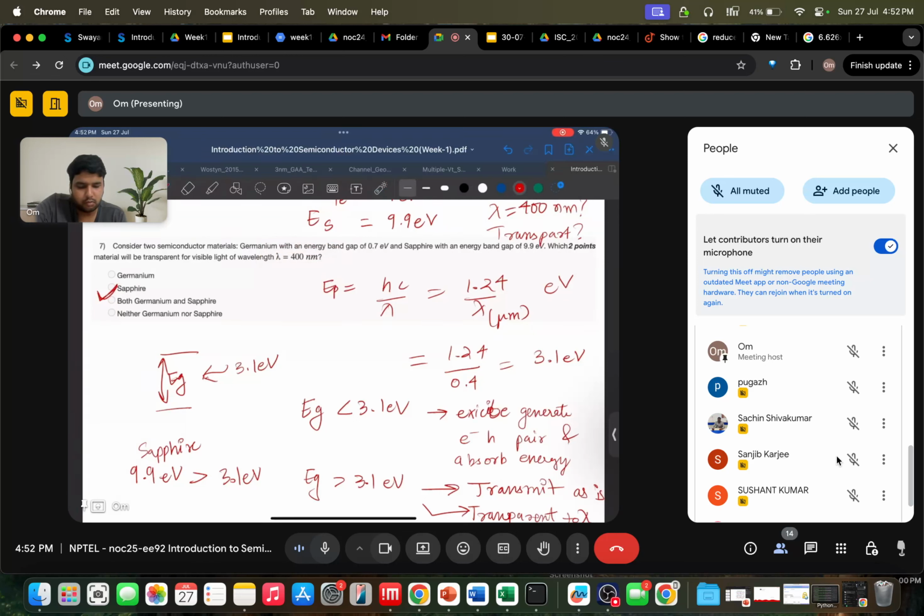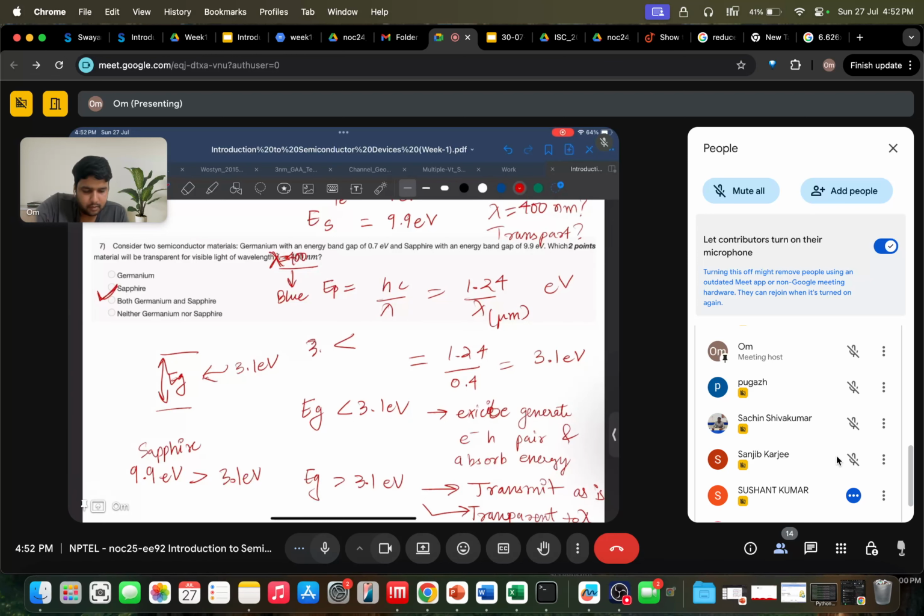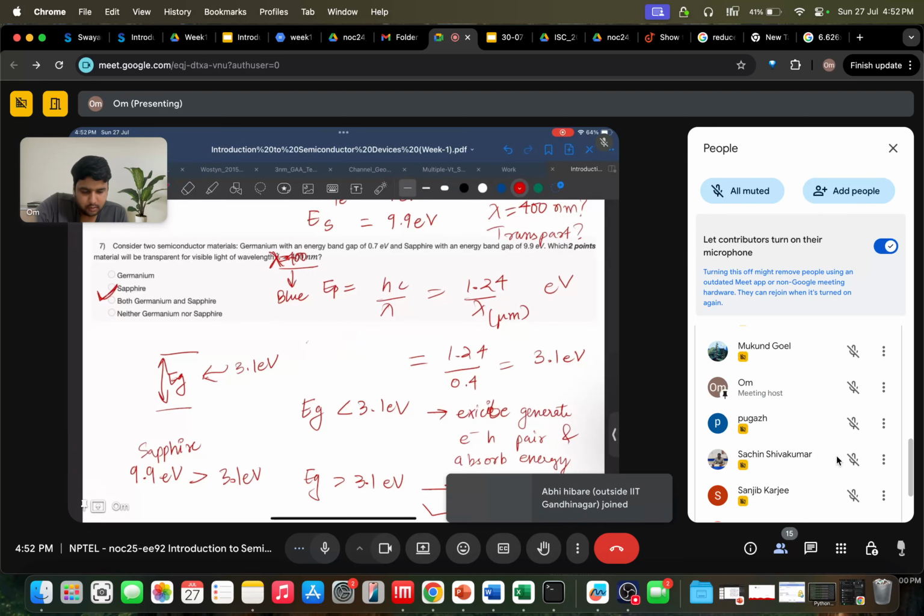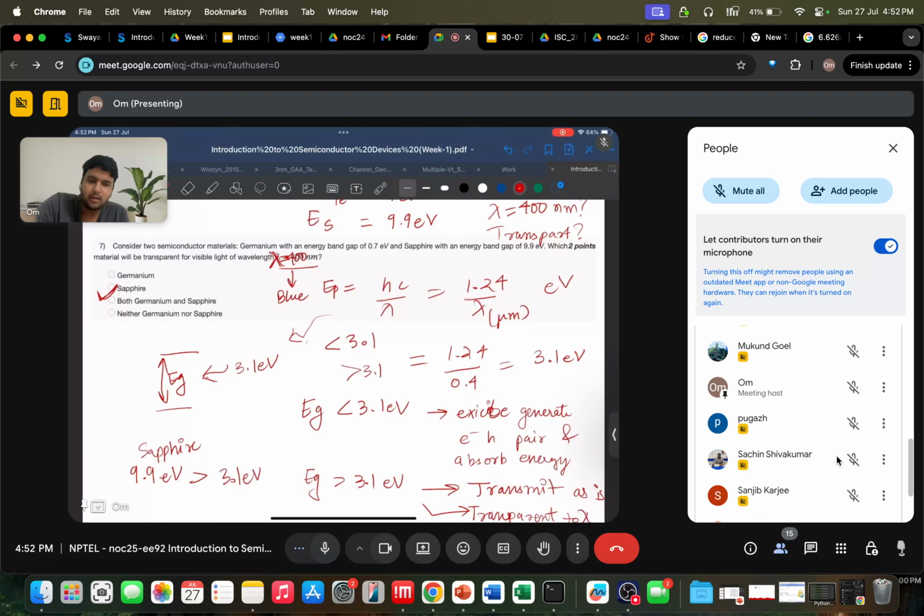Let's say this color is blue, corresponding to 400 nanometer. Below 3.1, this light will be absorbed, so you will not see any blue hint. But above 3.1, this light will be transmitted or reflected, so there you could see the blue.